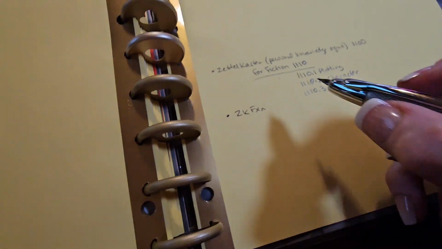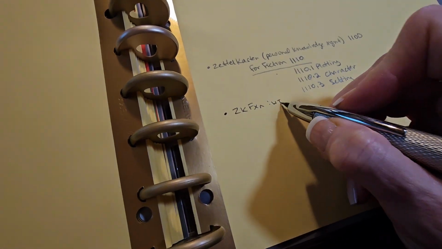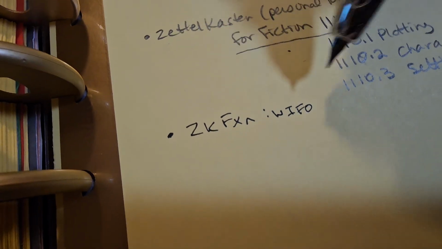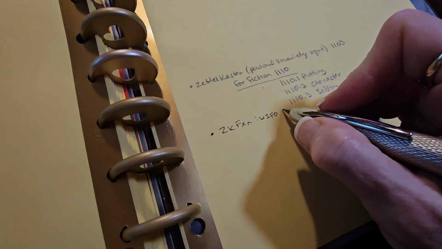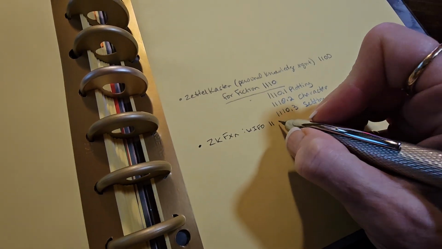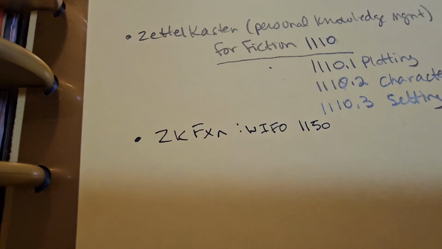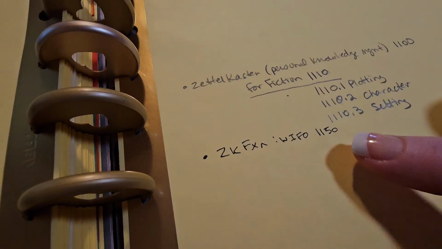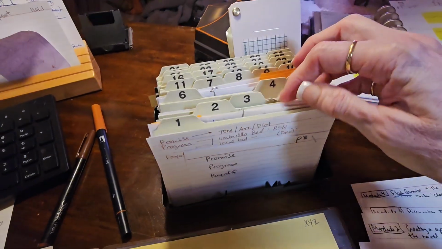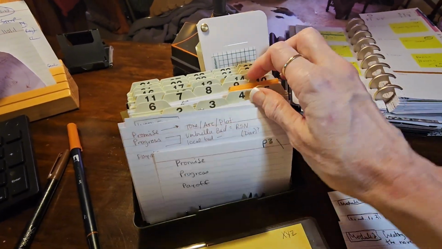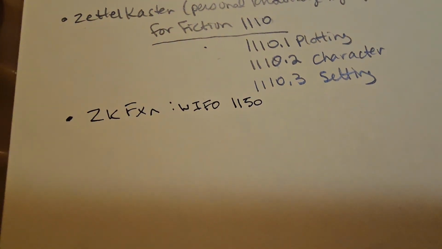So now I know that is this book, and then I'm going to add the subtitle, tagline, which is Where Imagination Finds Order, and this is going to get 1150. Check it out. Fully installed in my index. Now, when I go to Zettelkasten under my little Z tab, and I'm looking for all of the cards that I am creating and using to write this book for you, I know they live in my box under 1150.